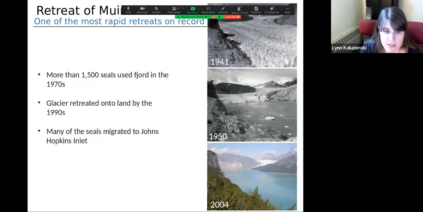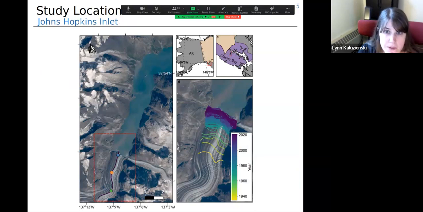And so many of these seals have since migrated to Johns Hopkins Inlet, which is the focus of our work. Johns Hopkins is within the western arm of Glacier Bay National Park. More than 2,000 seals occupy Johns Hopkins Inlet during the pupping season in June and molting season in August.